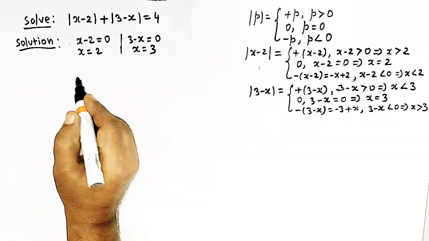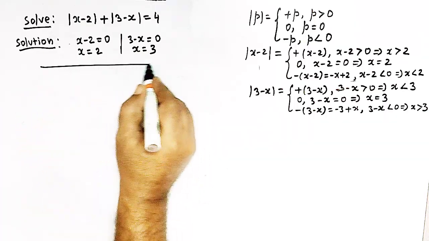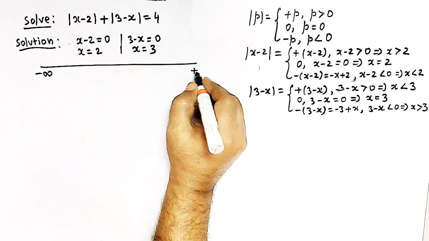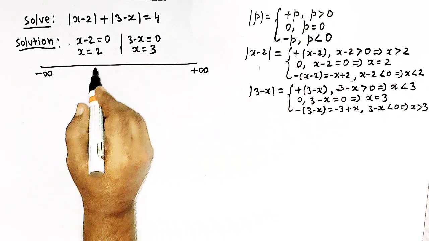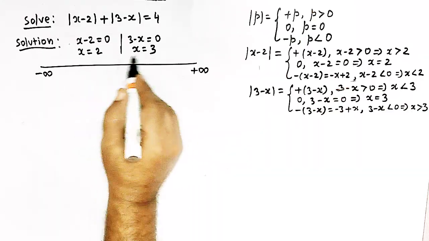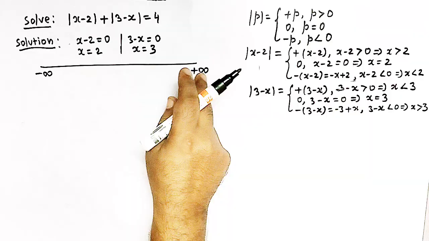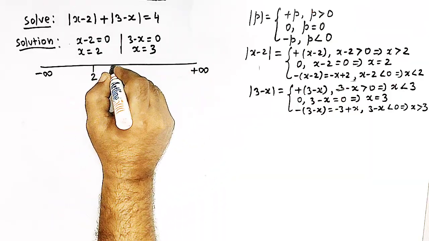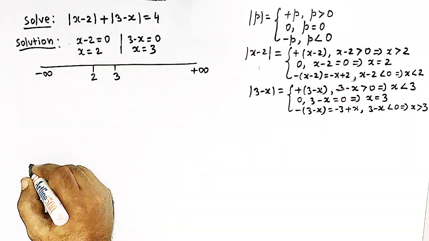The third step is to draw the real number line. Here we have minus infinity, here we have plus infinity. Now let us locate the critical points on the real number line. Here we have 2 and here we have 3.